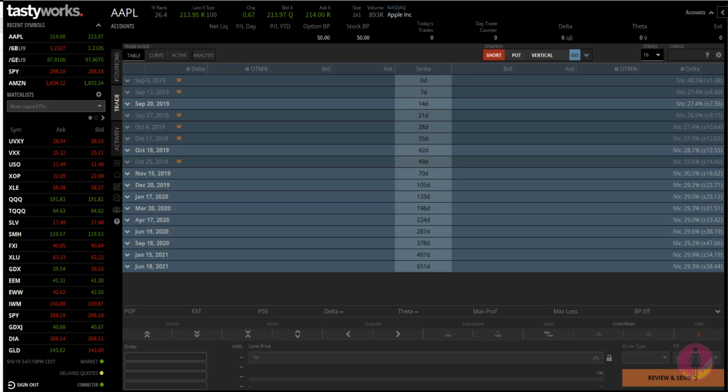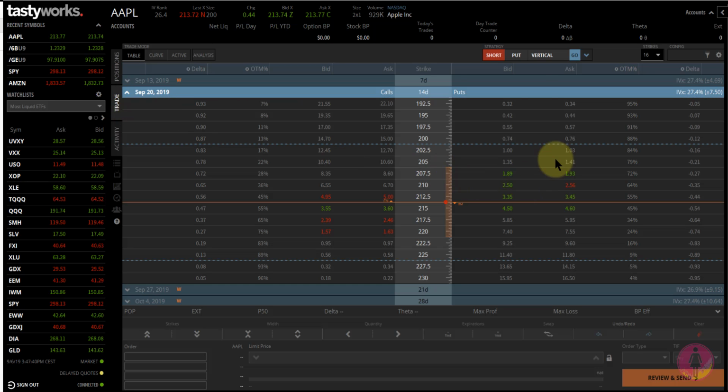When you buy or sell an option, you go to the bid and the ask price. Now the bid is selling the contract and the ask is buying the contract. There's a difference between the bid and the ask, so I will open this up. Let's go to September the 20th, and there you can see the bid and the ask.